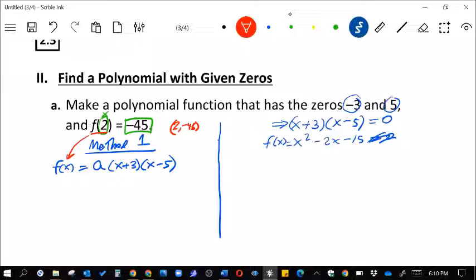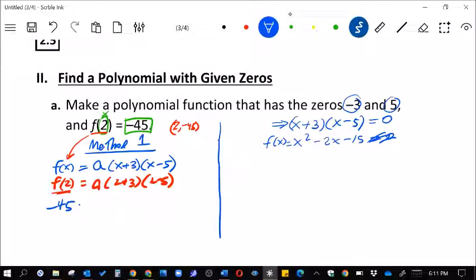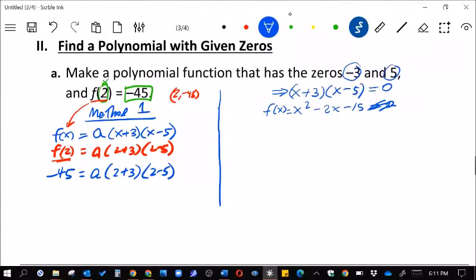So I could say f of 2 is equal to a times 2 plus 3 and 2 minus 5. However, I don't have anything over here for them to solve. So it's actually better to use the -45 is equal to a times 2 plus 3, 2 minus 5. And now we have something we can solve. We can solve for the a.